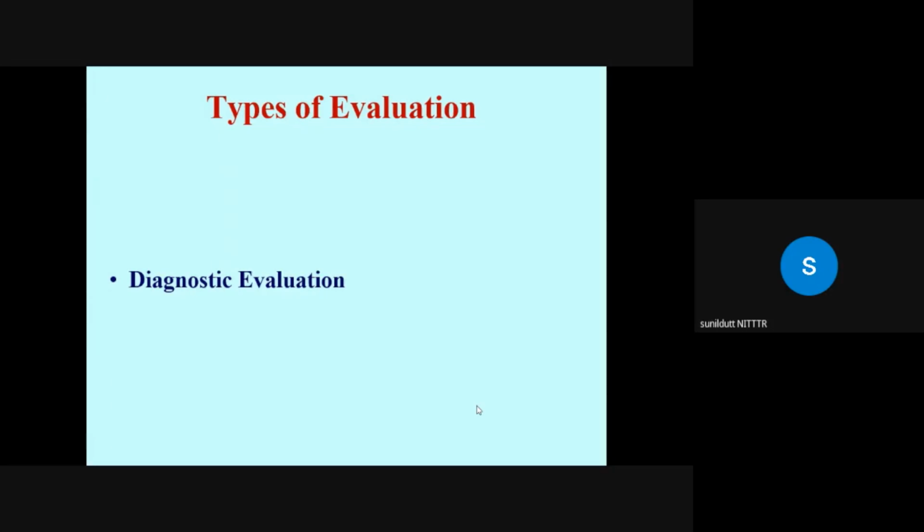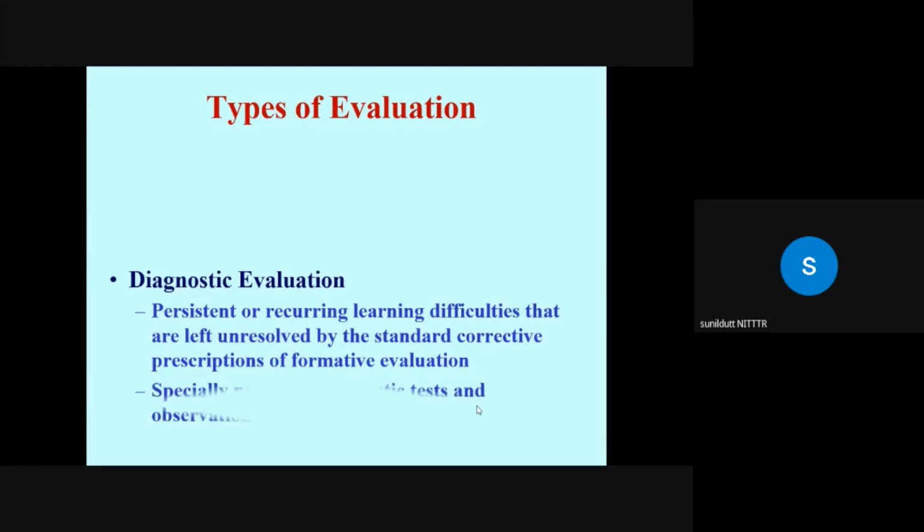So through diagnostic evaluation, we can make a plan for providing remedial instruction to the students. And for this, you can use specially prepared diagnostic tests and observational techniques.